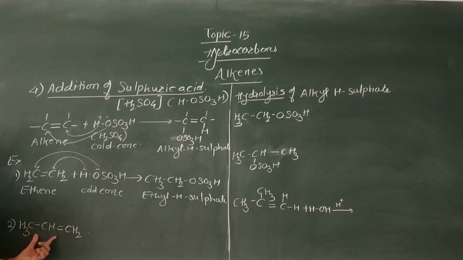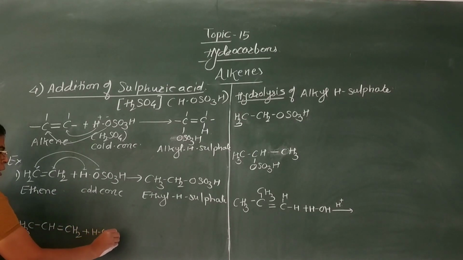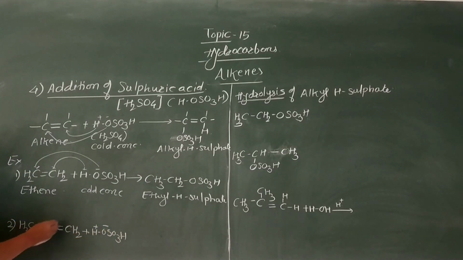But when addition of HOSO3H, that is cold and concentrated sulfuric acid, is carried out across the double bond of an unsymmetrical alkene, like propene. Now here there is a double bond. If we draw a symmetry line on this double bond, on one side of the double bond there are 2 carbon atoms and 4 hydrogen atoms, and on the other side there is only 1 carbon atom and 2 hydrogen atoms.